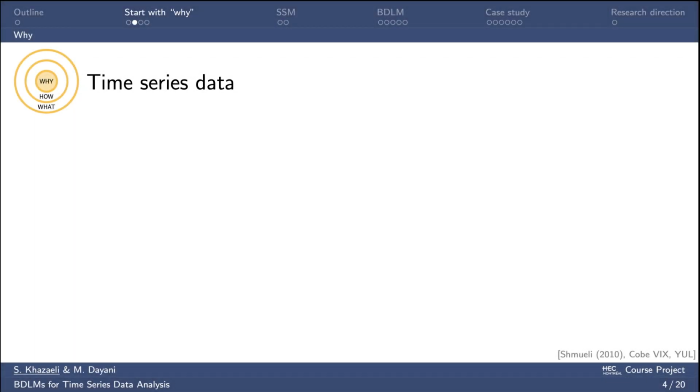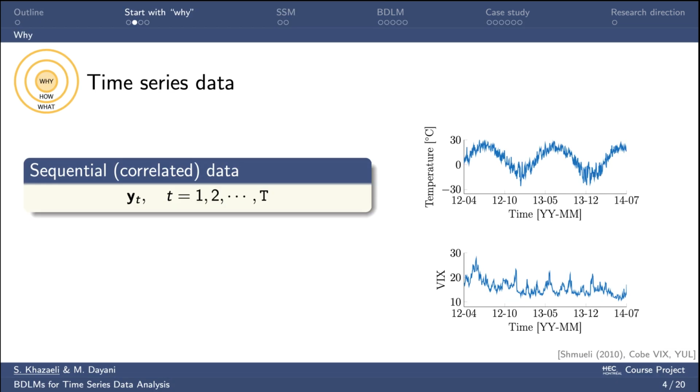Let's start with why we want to analyze time series data. First, let's define it. A time series is a sequential data collected over time, and they are often correlated to each other. We denote it by the bold small letter y, and the index t indicates the time steps. The bold y shows we have multiple observations at any time, like we have 2 different measurements from a system dynamics.